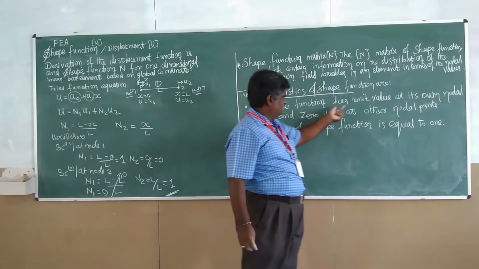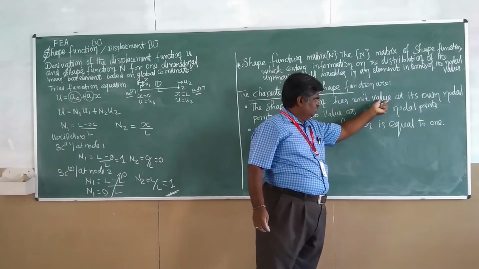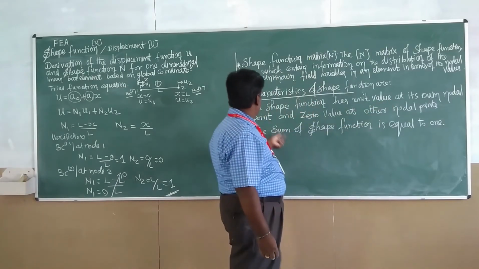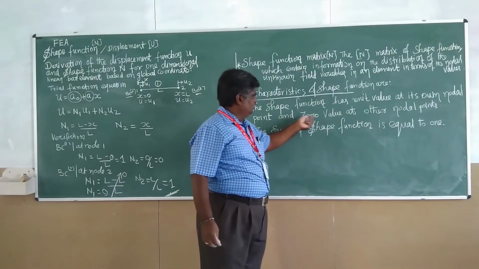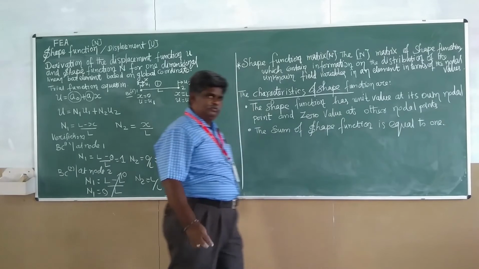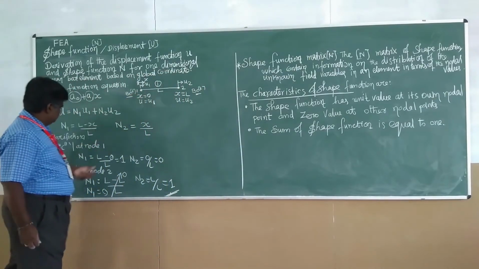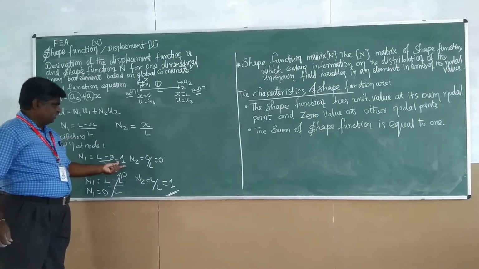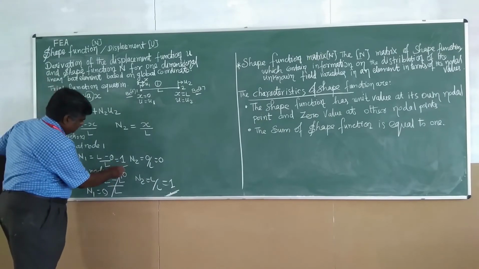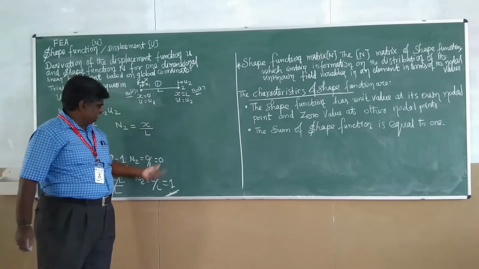The shape function has unit value at its own nodal point and 0 value at other nodal points. Considering nodal point 1, its own nodal point, the value is 1, and the other nodal point is 0.